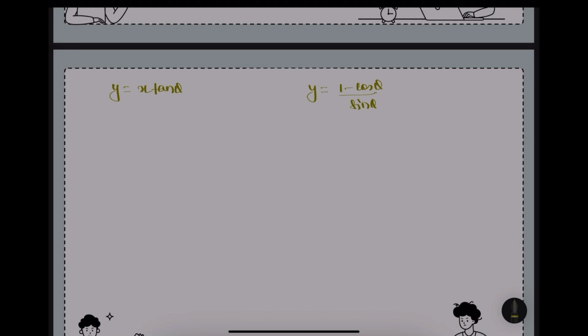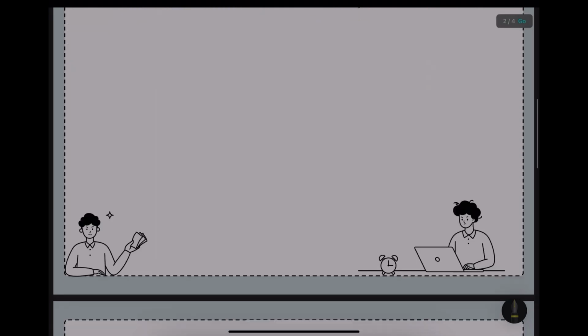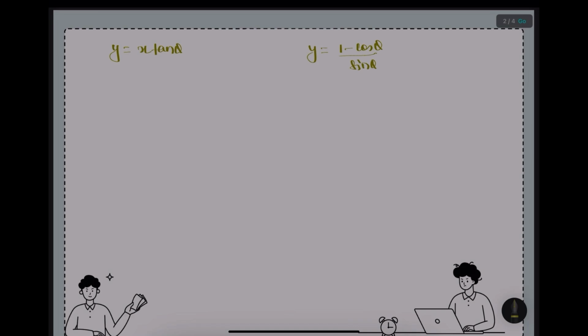In this part, if you observe, you have asked theta to come. It was your assumption. So you have to write down the locus of E in such a way that you cannot have the theta component. So if you want to solve these two things, you cannot compare both ways.